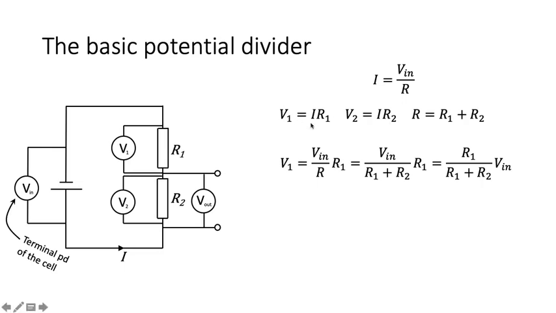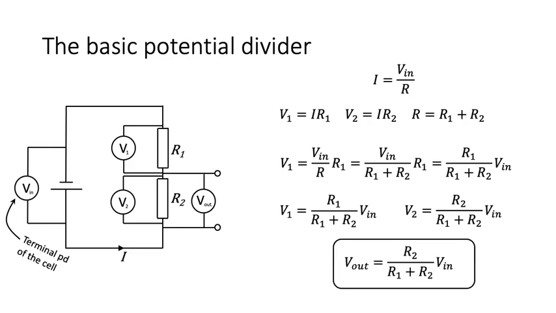Since V1 equals IR1, we can replace the current with V in over R to get V1 equals V in over R multiplied by R1, which is the same as this, which is the same as this. So in other words, V1, the potential difference across resistor 1, equals the resistance of resistor 1 divided by the total resistance multiplied by the terminal PD. Same for V2.